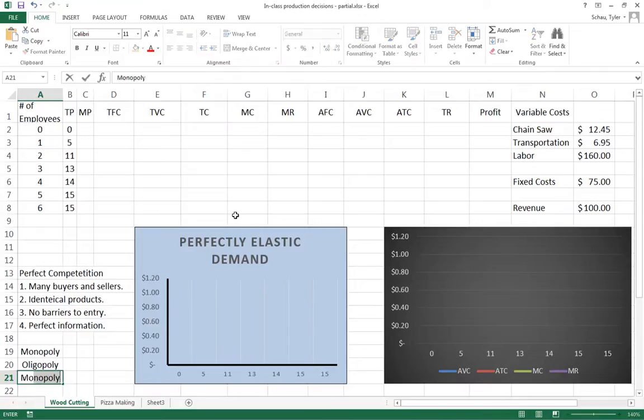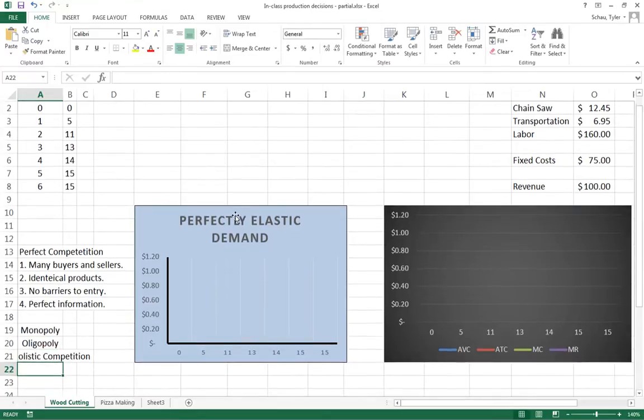And then the last one we look at is a mouthful. It's called monopolistic competition. Okay, and it evidently didn't all fit on there, and I don't know why. There we go.